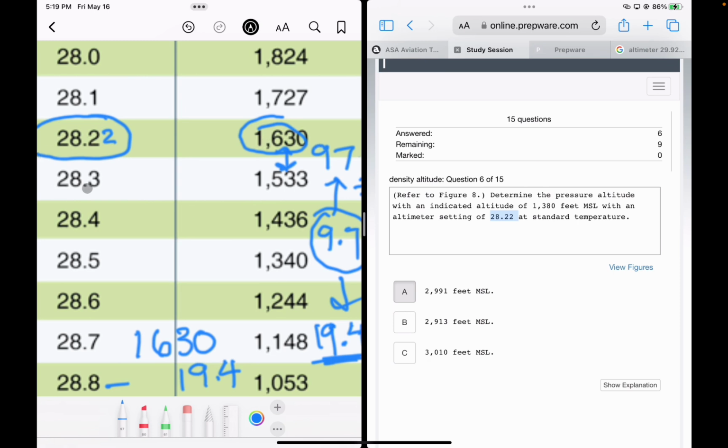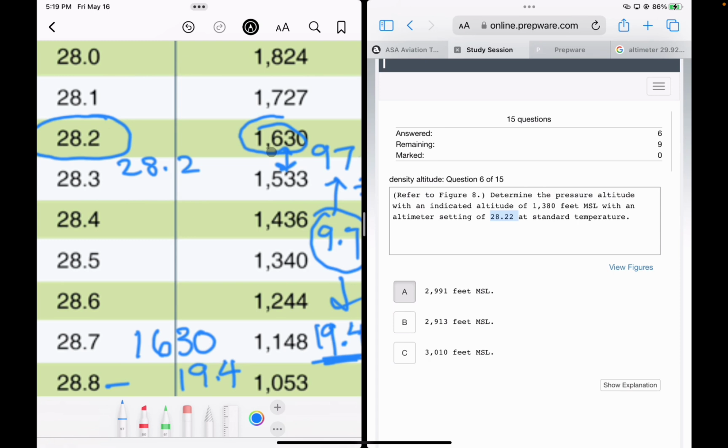We know that 28.3 equals 1533. And we want to find what 28.22 equals. And we know that 28.22 falls between these two numbers.